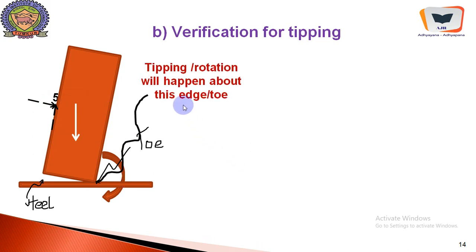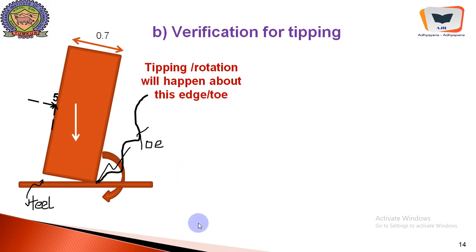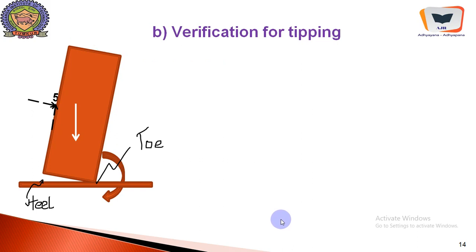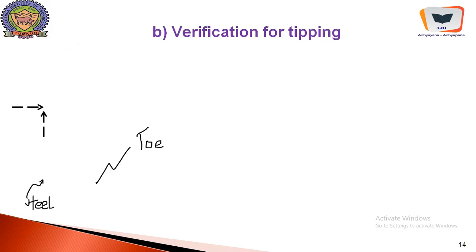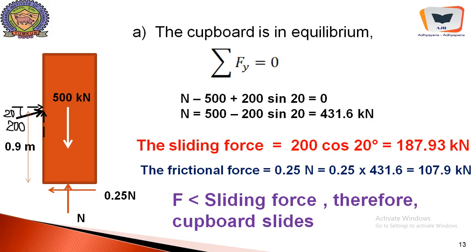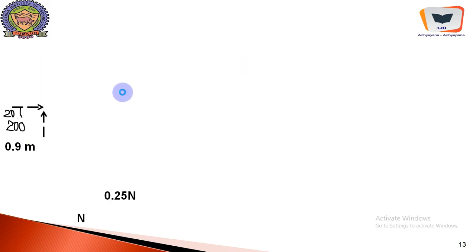Now we will take moment. Tipping rotation will happen about this particular edge. Anyway, this is 0.7 meter. We will change it in the original figure itself. Anyway, we'll go back and change it. I think we wrote 1.2 meter as far as the dimensions are concerned.